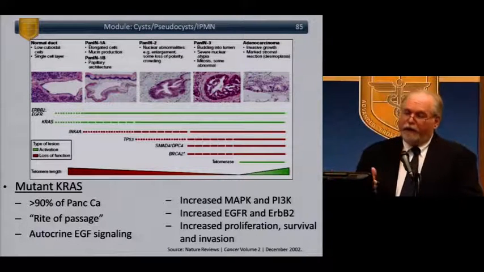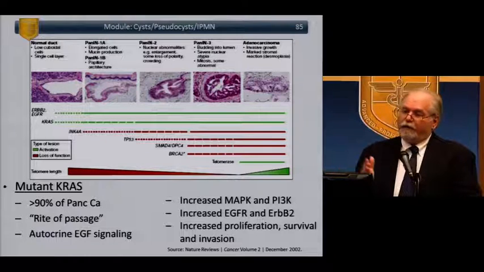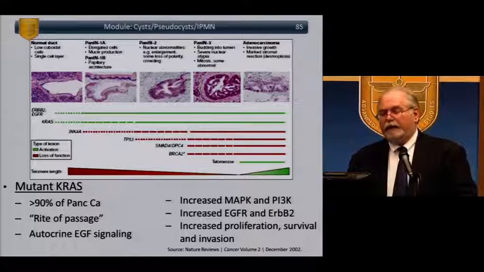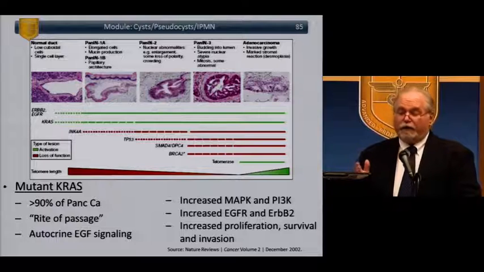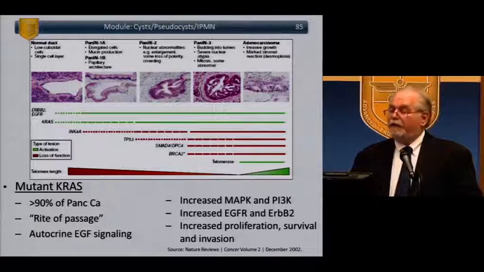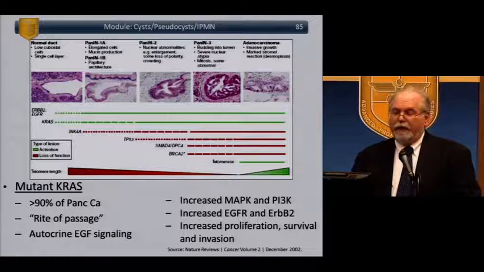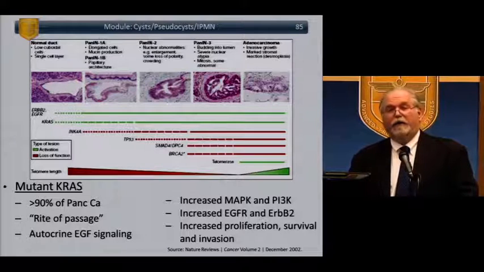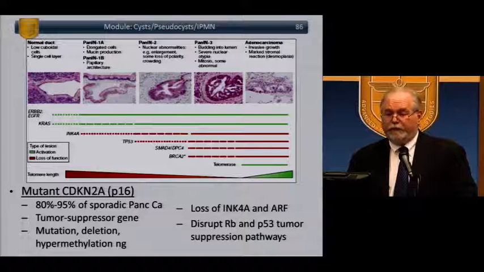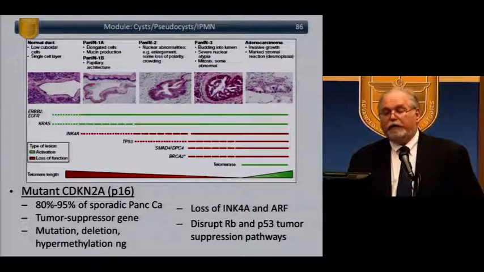So there's a sequence from pancreatic intraepithelial neoplasia. 1A is the most benign, 2, and then 3, and then ultimately invasive cancer. And it goes through a series of mutations, and there are many genes associated with this rite of passage, including KRAS, which is the most important one, and also P16, which is the other important gene.